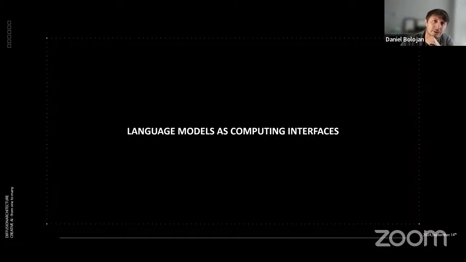So for me, I also started to look at language models differently. As architects, we are looking at language models as simply a text generator, but personally, I start to understand them more like computing interfaces. Even if you think about how a computer works, right now we have a context window in a language model.